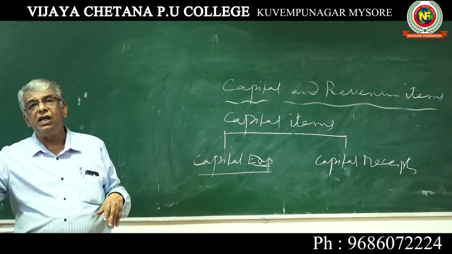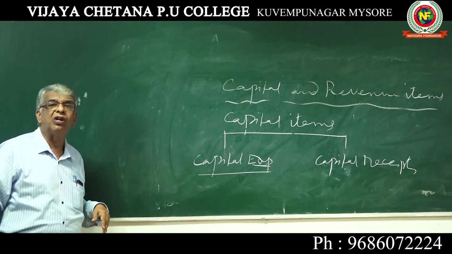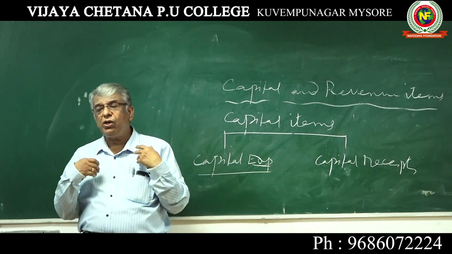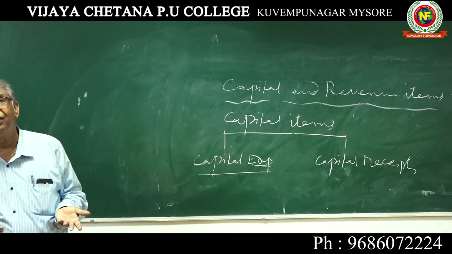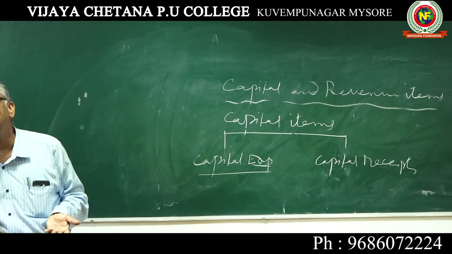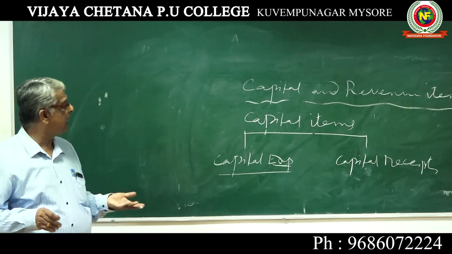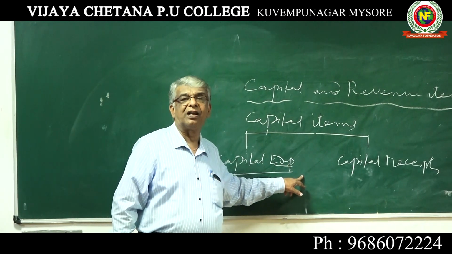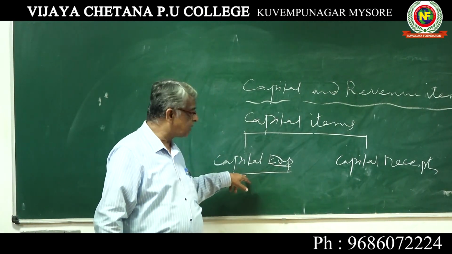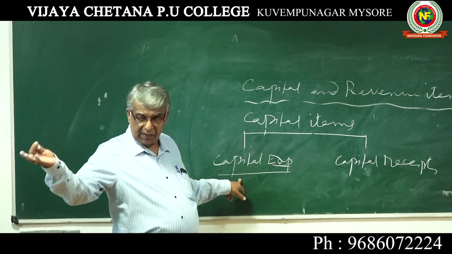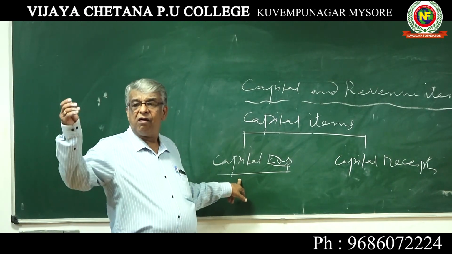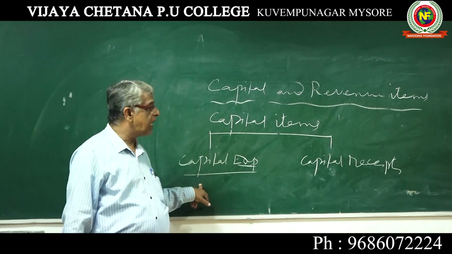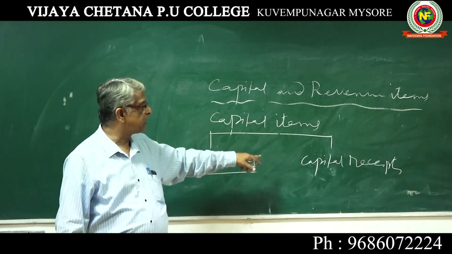Likewise, furniture purchased by the educational institution, the benches, the chairs, etc., they are going to use for a longer period. It is not restricted to 1 year. So all such items are considered as capital expenditure. The examples of capital expenditure are X-ray plant purchased by a hospital, furniture purchased, and any asset purchased.